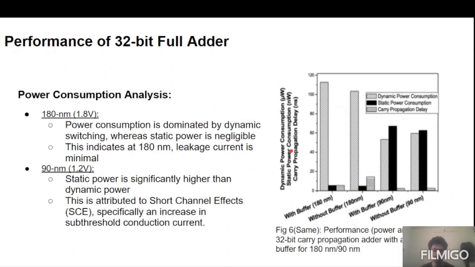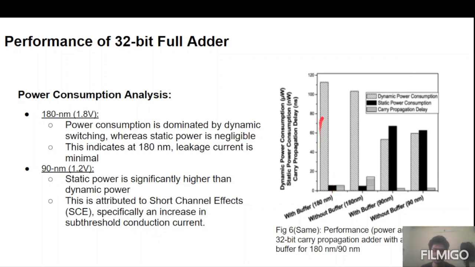Next, we talk about the power consumption analysis. In this graph, we see that for the 180 nanometer level, the dynamic power is much higher than the static power. This inverted dash represents the dynamic power, whereas this black section represents the static power.